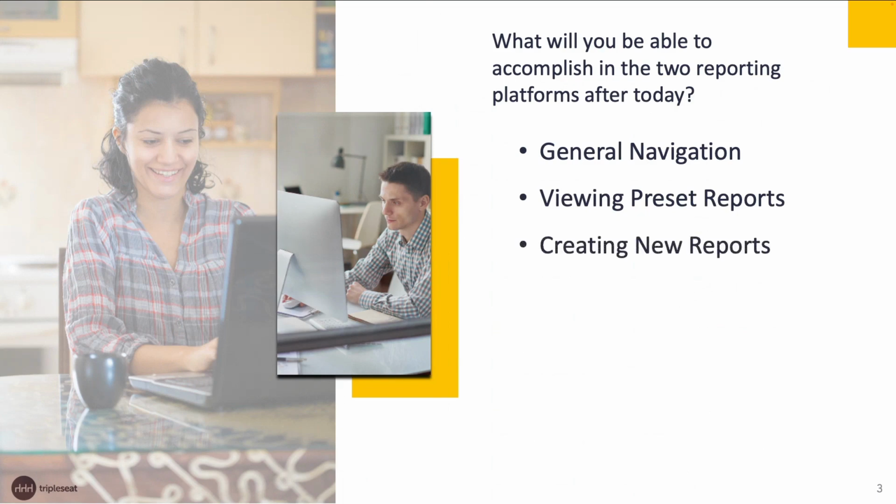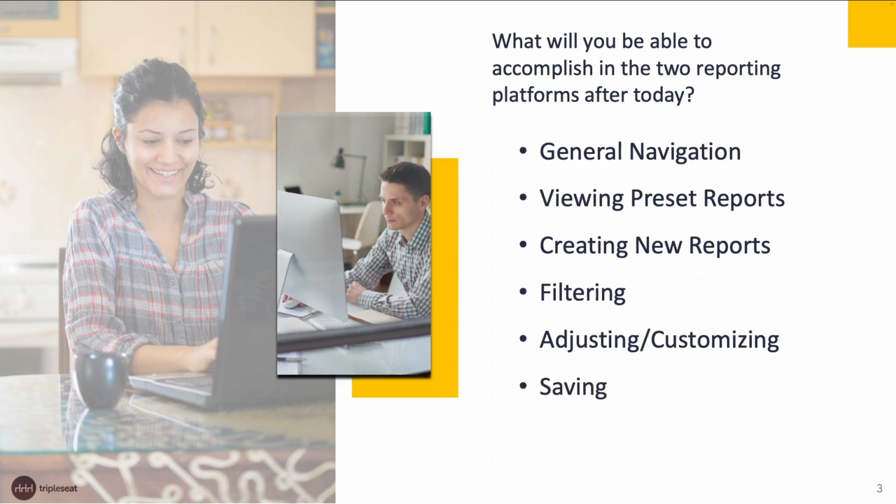And creating new reports, of course, from scratch, customized reports, applying date ranges, specific filters, and filtering in general. If you have multiple locations, if you want to filter down by dates, owners of bookings and events, and then adjusting and customizing, whether it's a standard preset report, one you've saved, or one you're in the middle of trying to get to how you need it to be, we'll go over those different adjusting and customizing options.